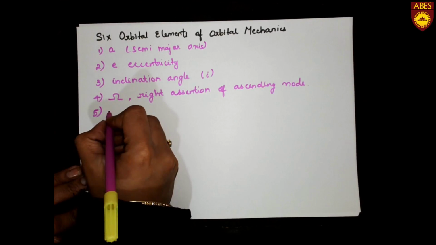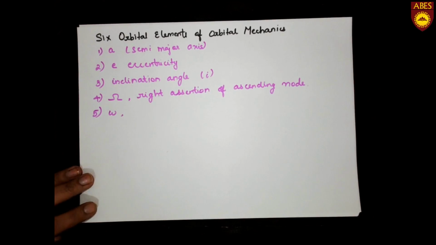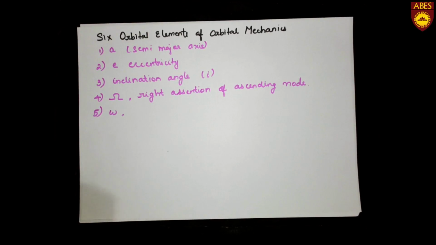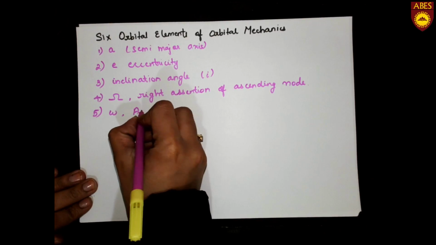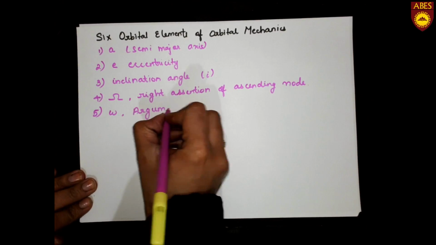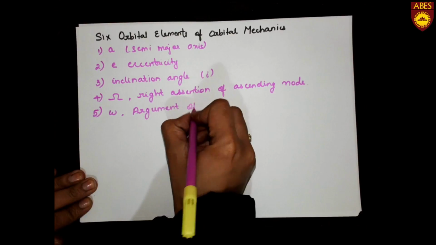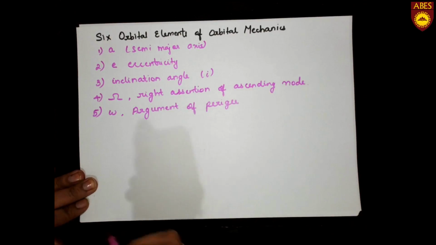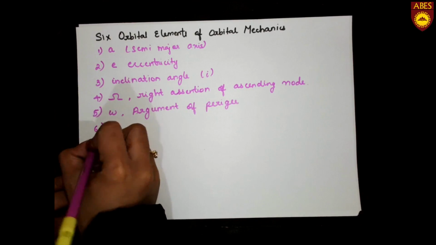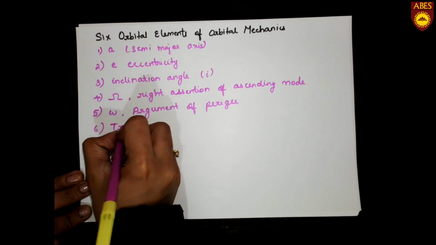The fifth element is small omega, and it is the argument of perigee. The sixth and the last element is true anomaly.